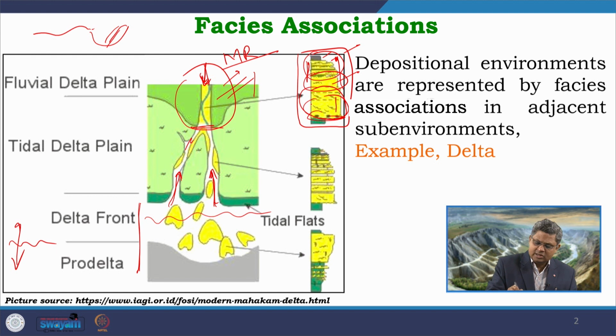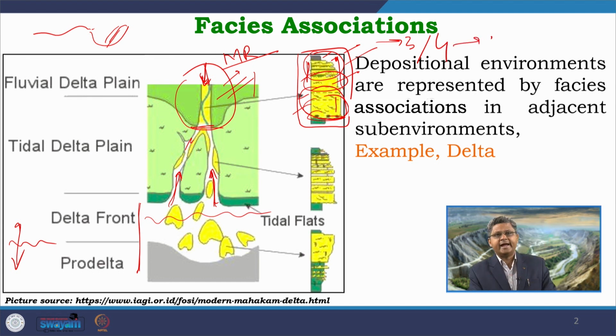So, based on these different types of facies, we can define or identify 3 to 4 different facies types, and each of these facies types is characterized by distinct properties which indicate a particular depositional process responsible for that particular facies.